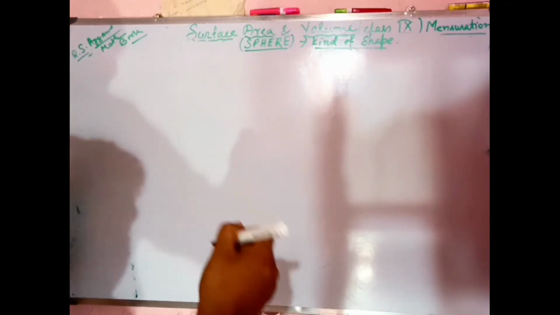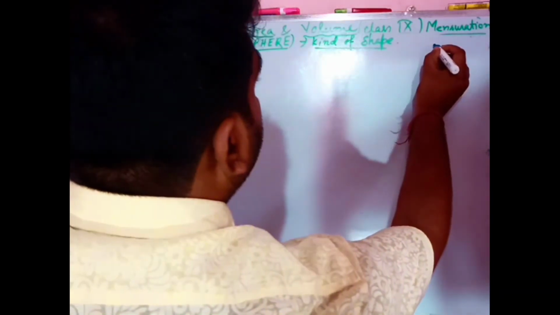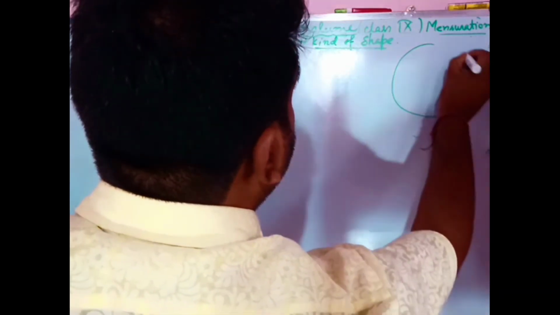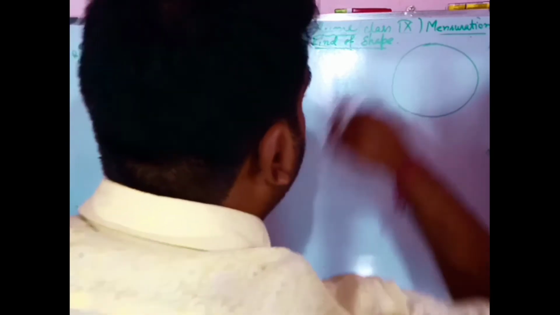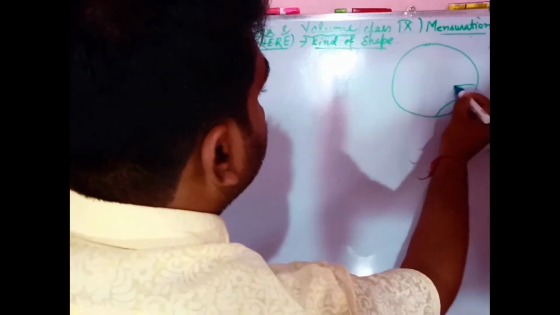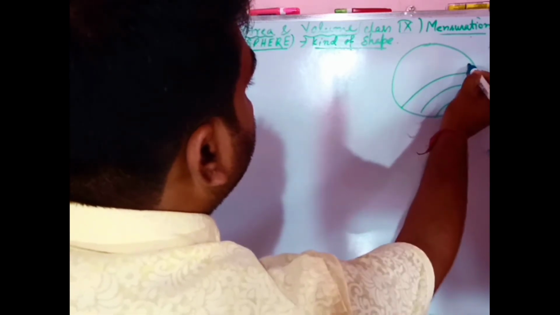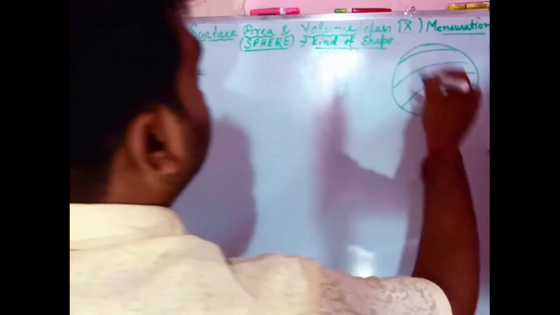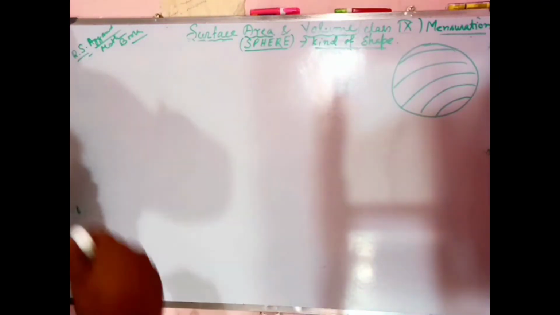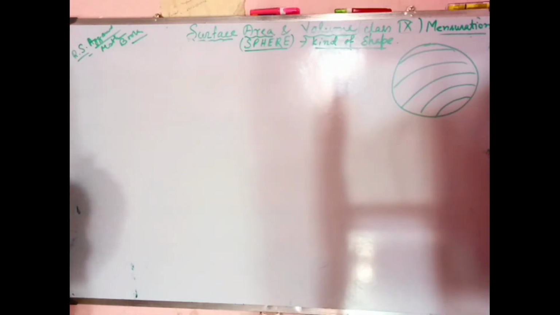Now if we draw a sketch, this is called a sphere. If we are taking a ball, this shape is called a sphere.